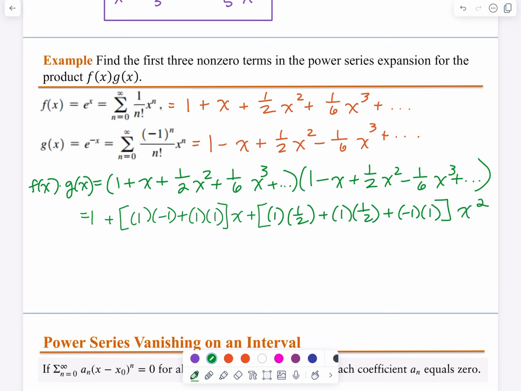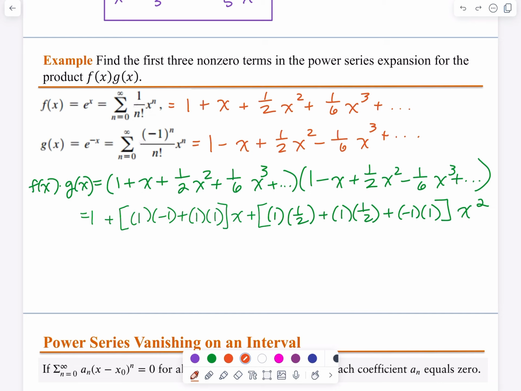I'll show these to you. So we have a 1 times a 1/2. We have a 1 times a 1/2. And we have a negative 1 multiplied by a positive 1 times x. So those are our x squareds.